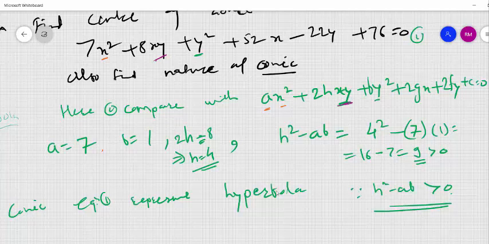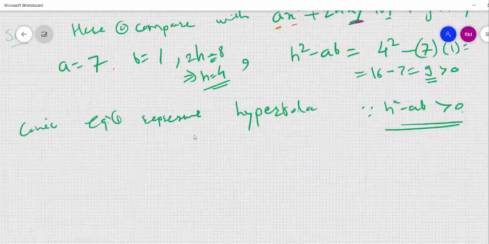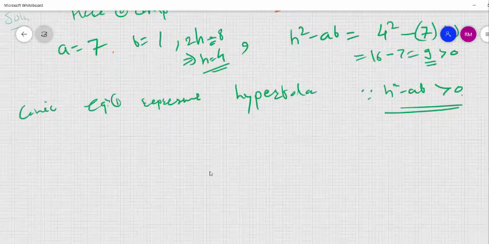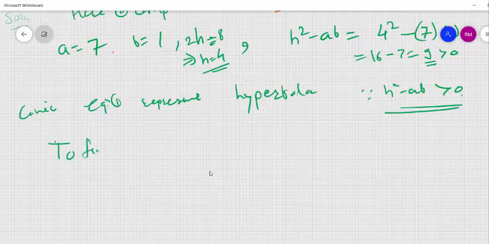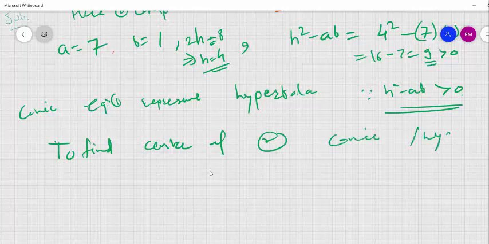Now we try to find the center of the conic, meaning the center of the hyperbola.